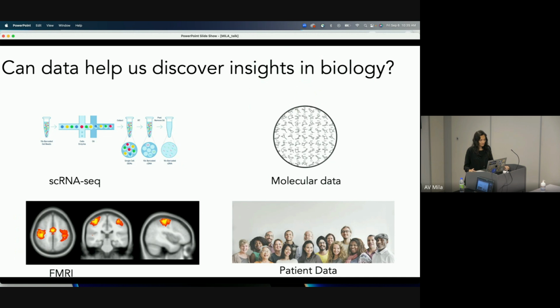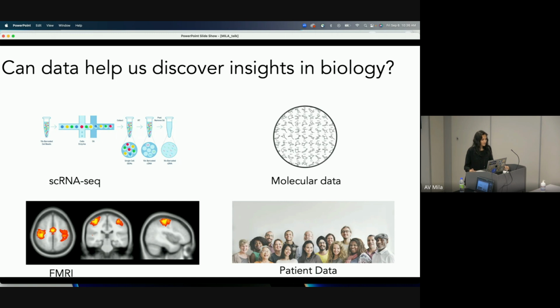Just in the last 10 to 15 years, there's been a revolution in biology in terms of the engineering of tools that can measure biological data. The most famous one is single-cell RNA sequencing.